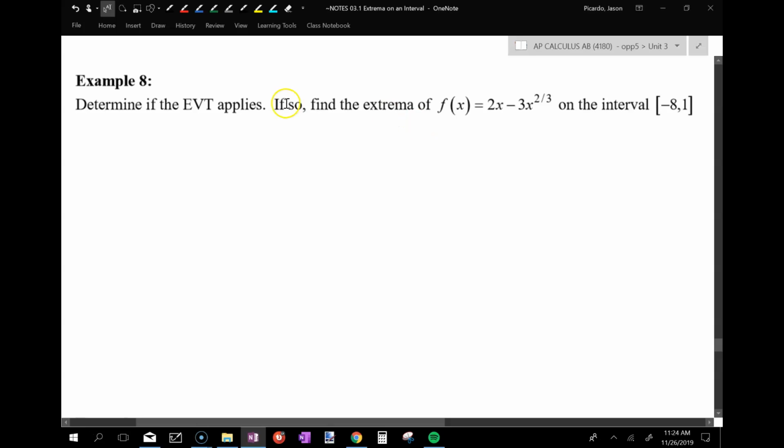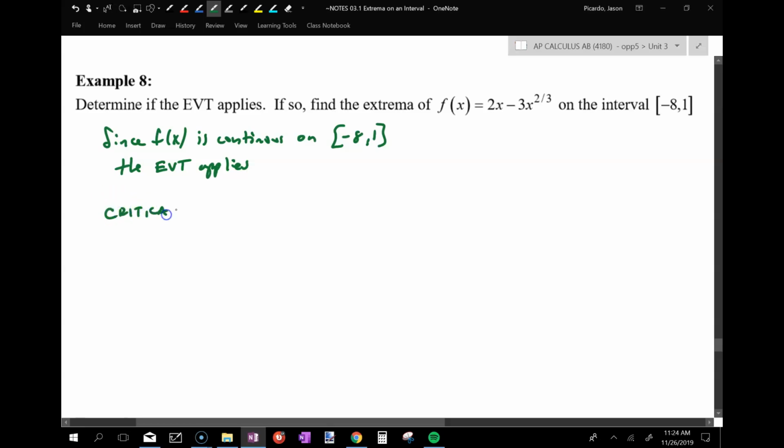Okay. Does the extreme value theorem apply? Continuous? Yeah. Closed? Yeah. So since f of x is continuous on the closed interval negative 8 to 1, the extreme value theorem applies.